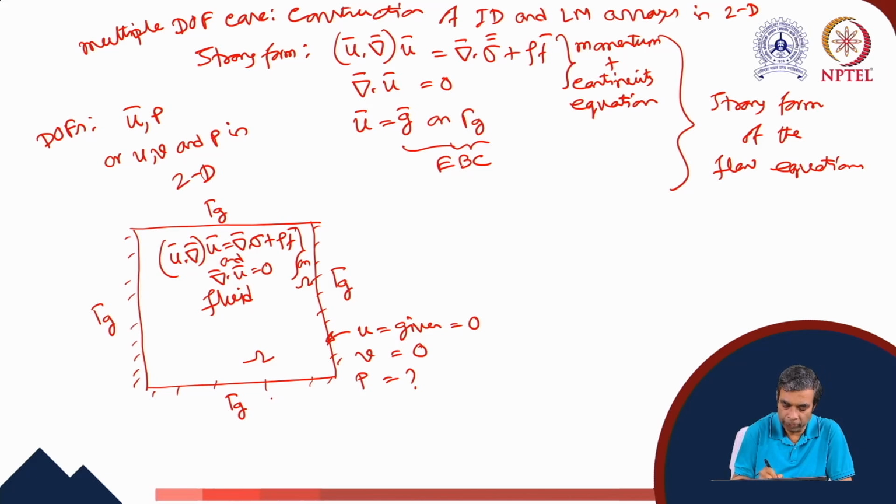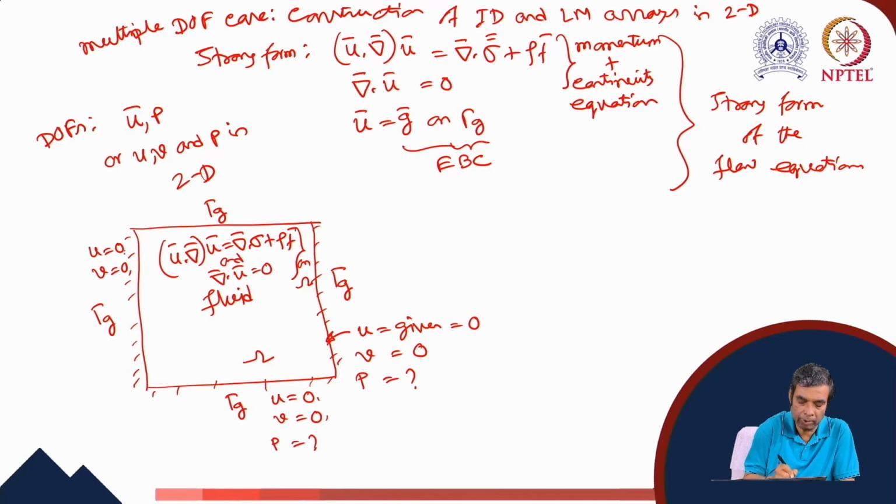At the bottom surface, u equals 0, v equals 0, but we don't know the value of pressure. Similarly, for the left boundary, u equals 0, v equals 0, and p is unknown. At the top boundary, which is translating, u equals 1, v equals 0. Here also, p is unknown.